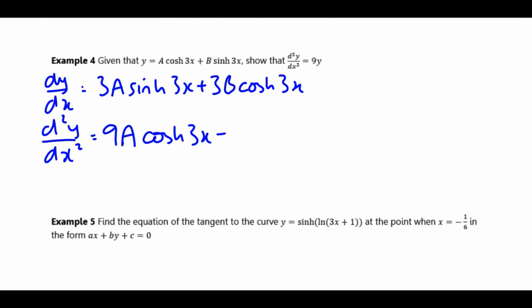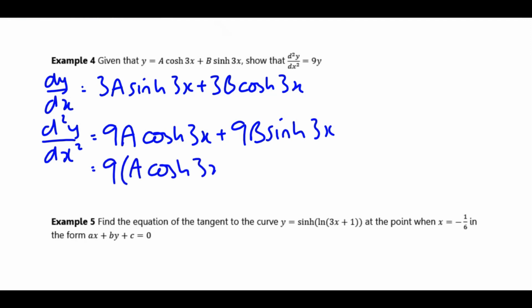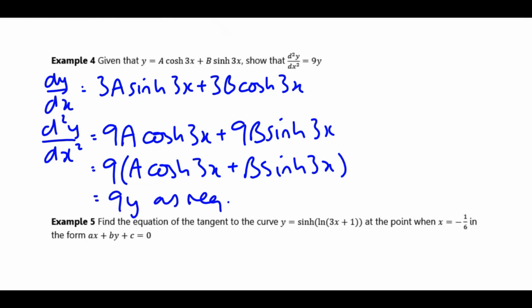Differentiating cosh goes to sinh, and we times by the 3, so 9b sinh 3x. We can factorize out the 9. And you recognize this as what we had originally as our y. So we've proven the result.